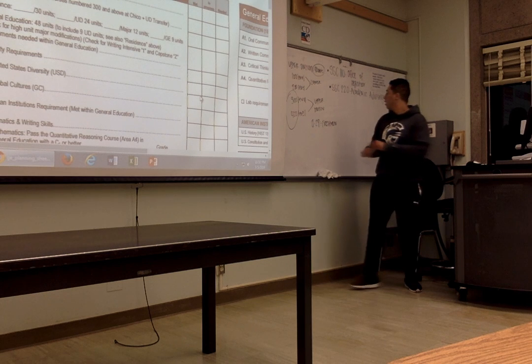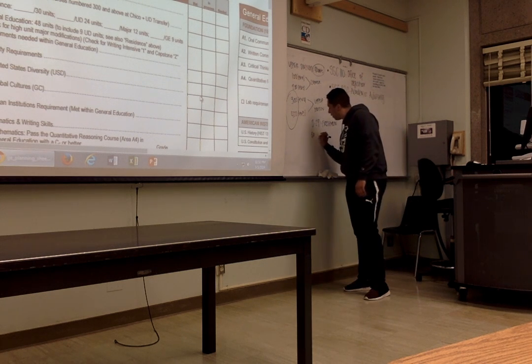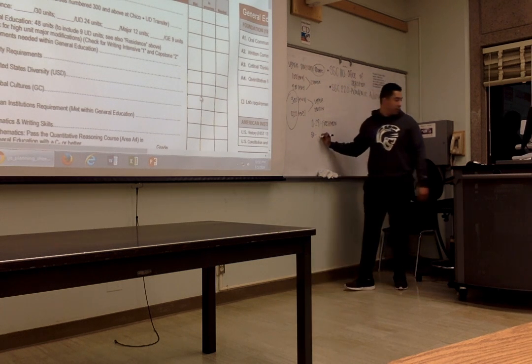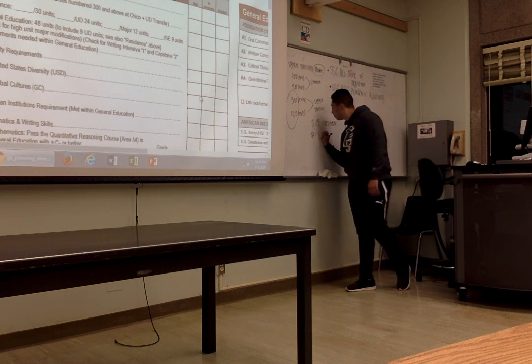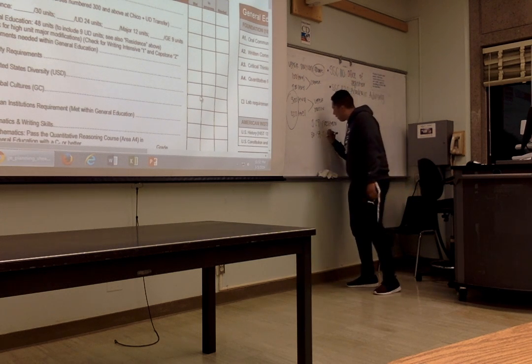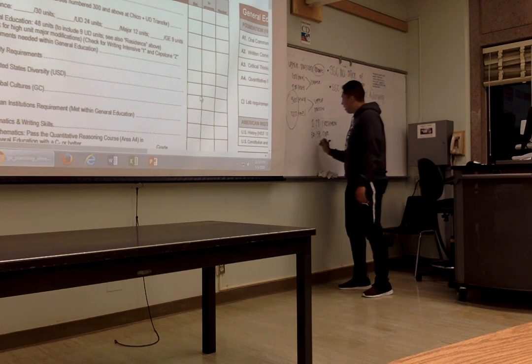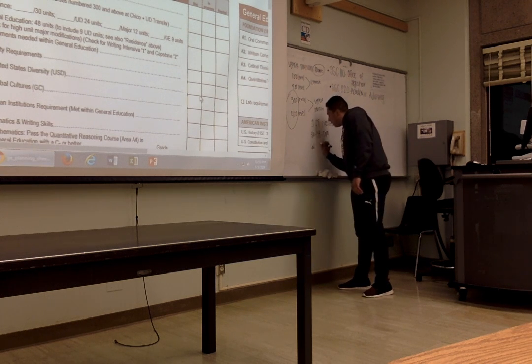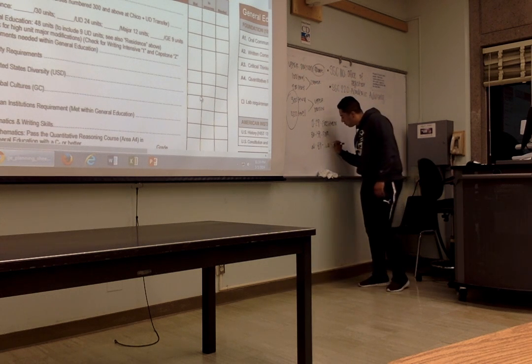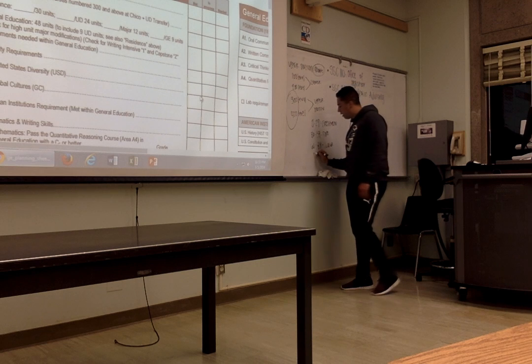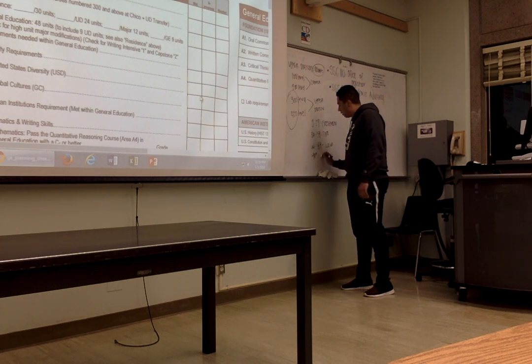Then we have 30 to 59, that makes you a sophomore. Then we have 60 to 89, junior. And then 90 and on, senior.